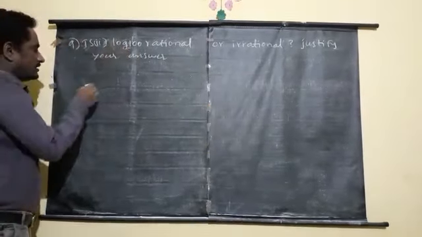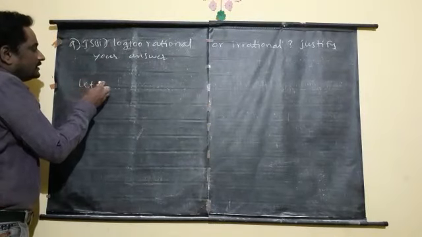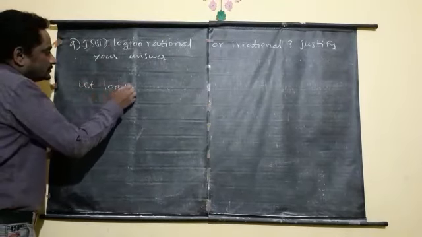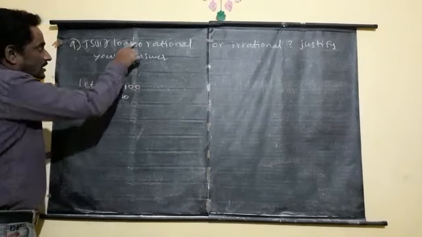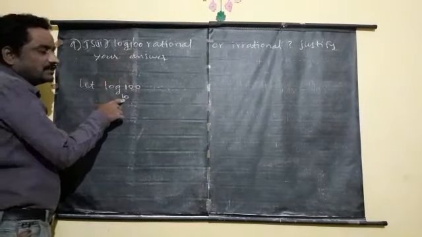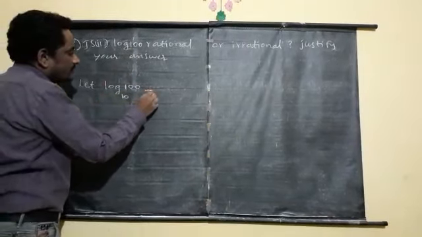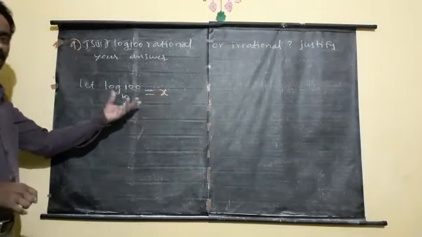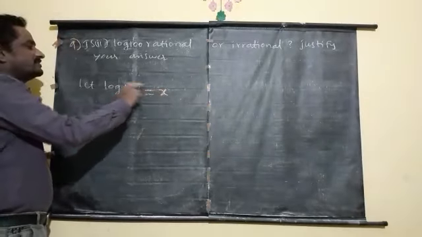Given term is log 100. Let log 100 base 10, base nothing means base 10 we can write. Log 100 base 10 is equal to x. Now write in exponential form: 10 to the power of x is equal to 100.